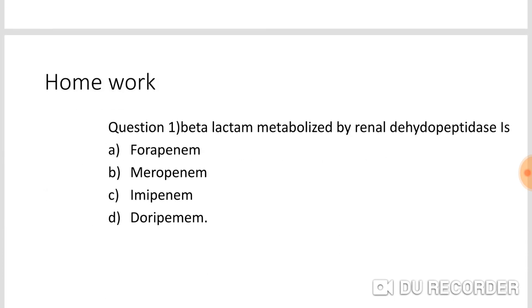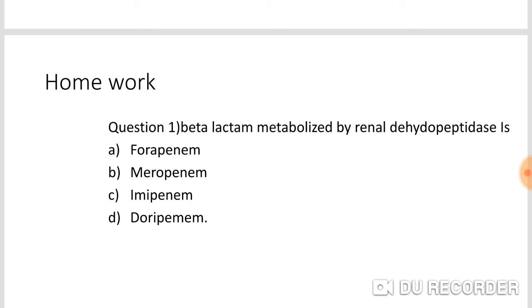Now the questions. Number 1, name the beta-lactam antibiotic which is metabolized by renal dehydropeptidase. You can give the answer whether it is foropenem, meropenem, imipenem or doripenem.